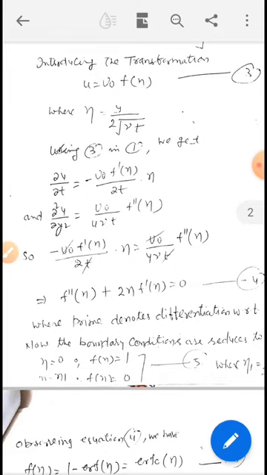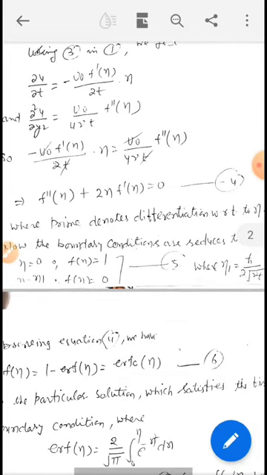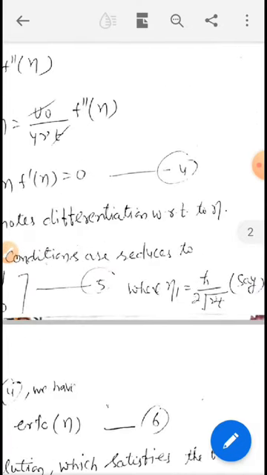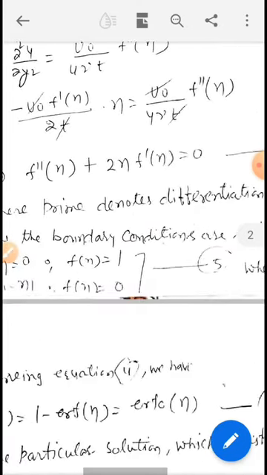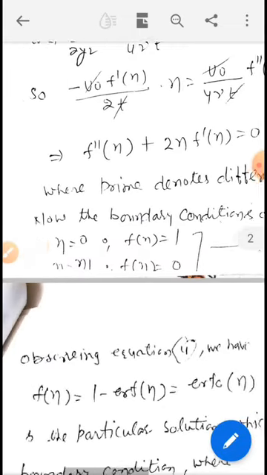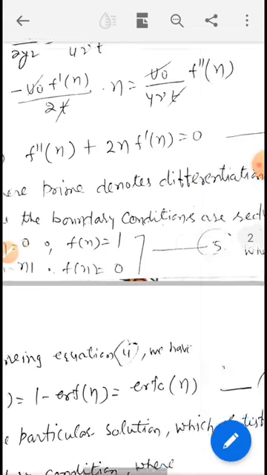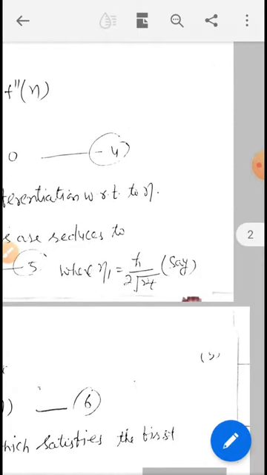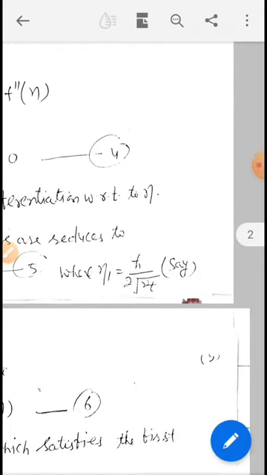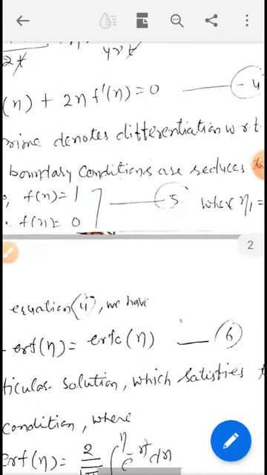This is equation number 4, where the prime denotes differentiation with respect to η, and the corresponding boundary conditions are: when η is equal to 0, f(η) is equal to 1, and when η is equal to η1, f(η) is equal to 0, where η1 is equal to h upon 2 root (ν t).